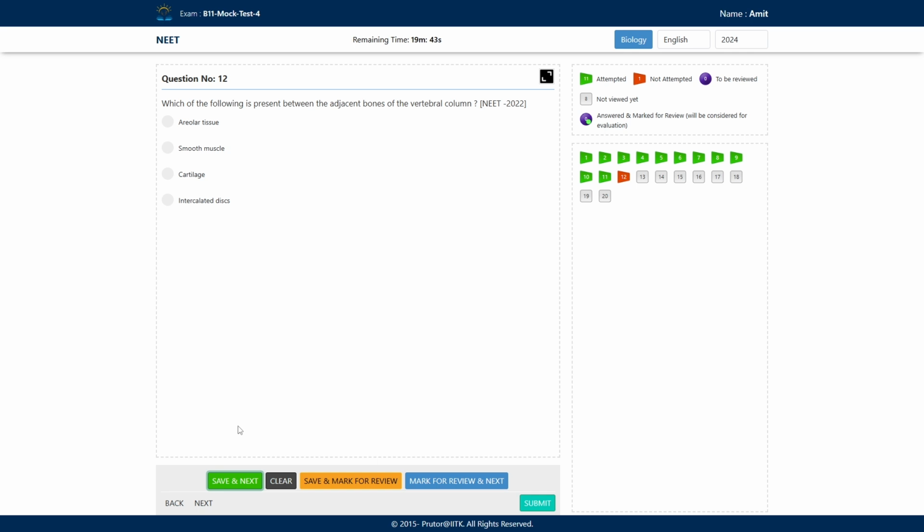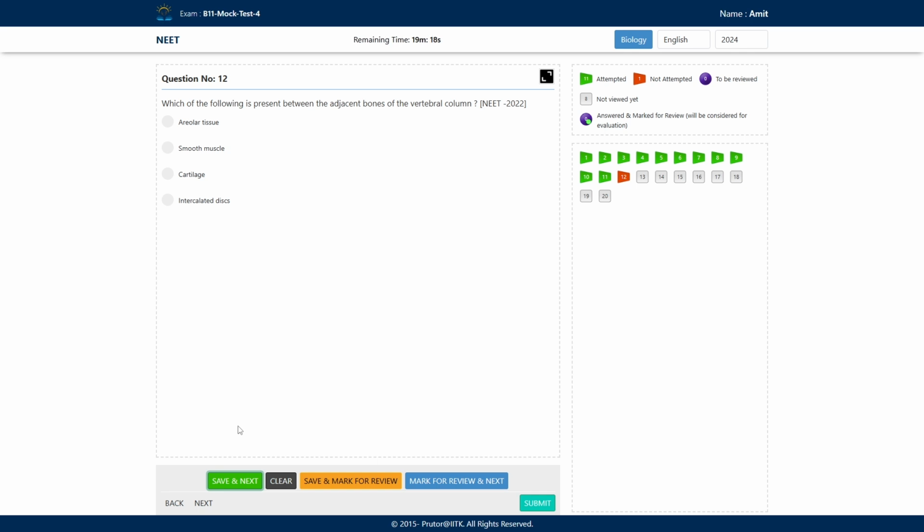So, which is the correct answer? A. Areolar tissue. B. Smooth muscles. C is cartilage, and D is the intercalated disc.